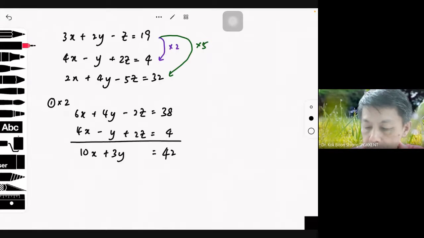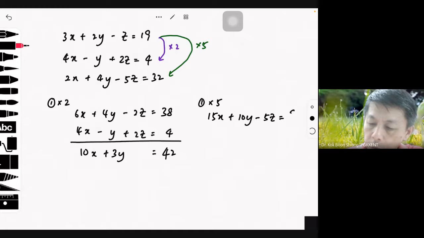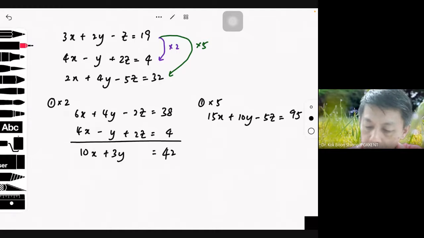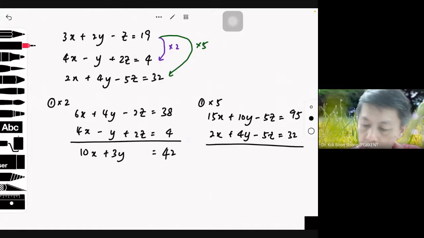And then the other side, we have the first equation times 5. So it becomes 15x plus 10y minus 5z equals 95. Then the third equation, 2x plus 4y minus 5z equals 32, so we have to use minus.